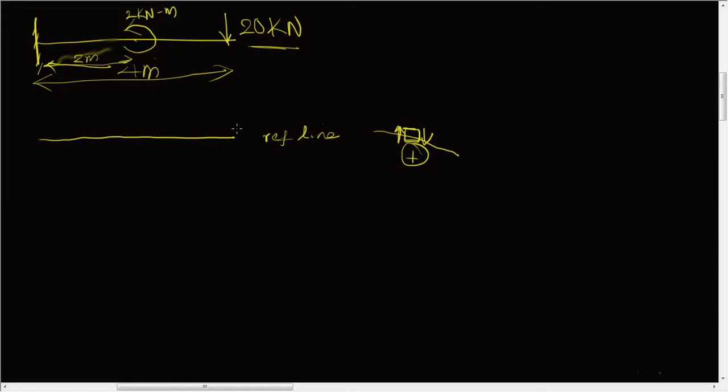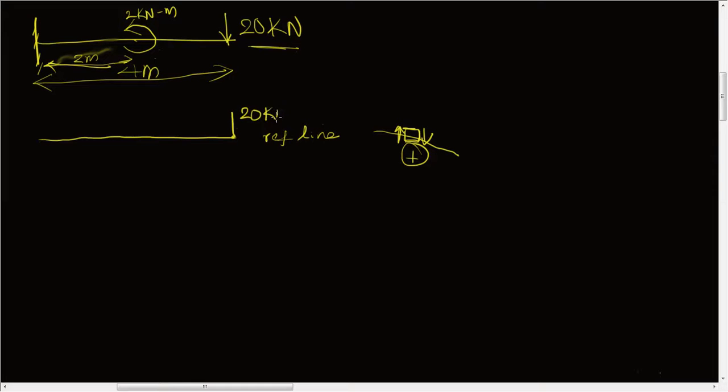Okay, so we are starting the shear force diagram here, and since this is the positive shear force, we are drawing one line of same magnitude, whatever is there, 20 kilonewton.